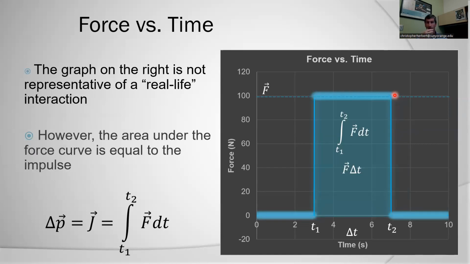Okay? So that is one way that we can calculate the impulse. Or we can look at a graph and say, well, how much area do I have underneath this curve right here? This area, of course, represents the impulse acting on the object where the force is interacting.